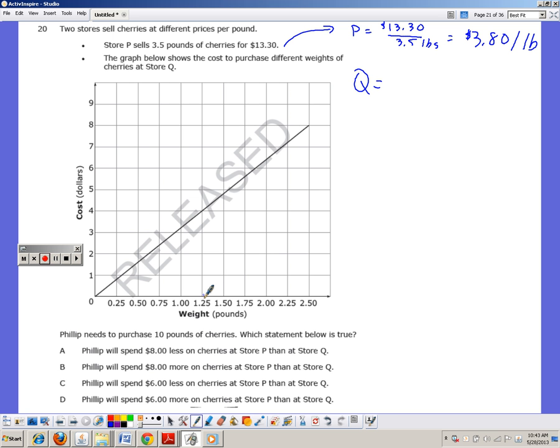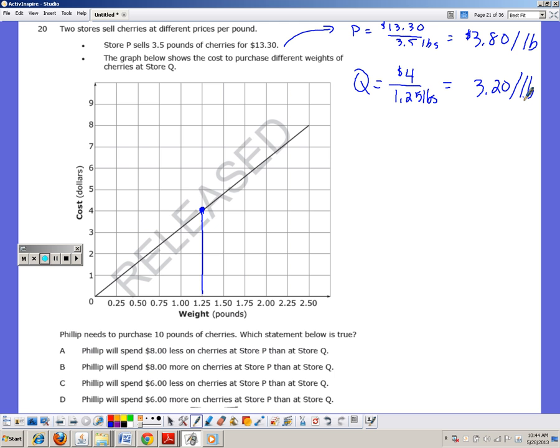The point that we can work with is 1.25, because it crosses exactly at 4. So it costs $4 to buy 1.25 pounds at store Q. So 4 divided by 1.25 is $3.20 per pound.